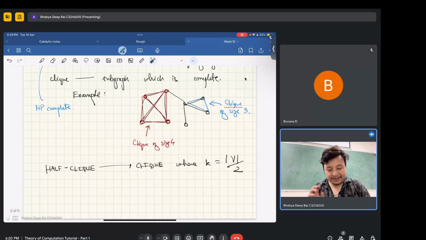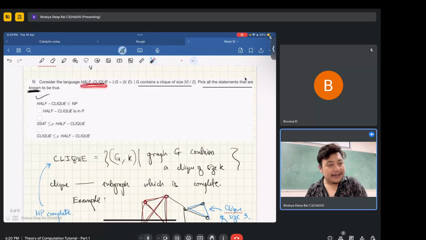But what the question tells us to focus on is something called half click. Now what is half click? The input is just a graph. We are not given a k, but we need to check if there is a click of size number of vertices divided by 2, or half the number of vertices.